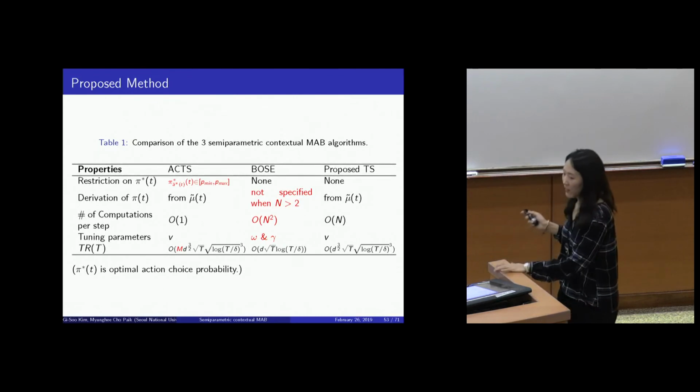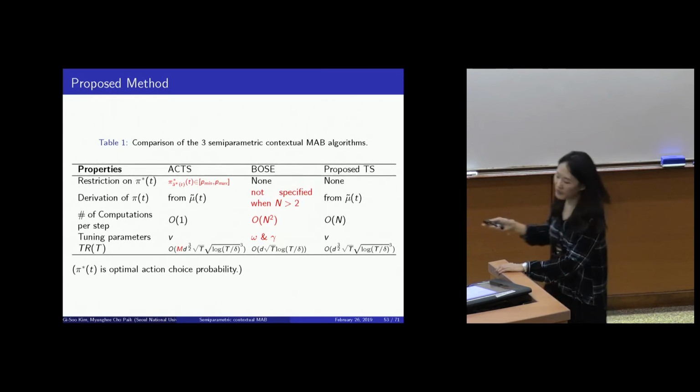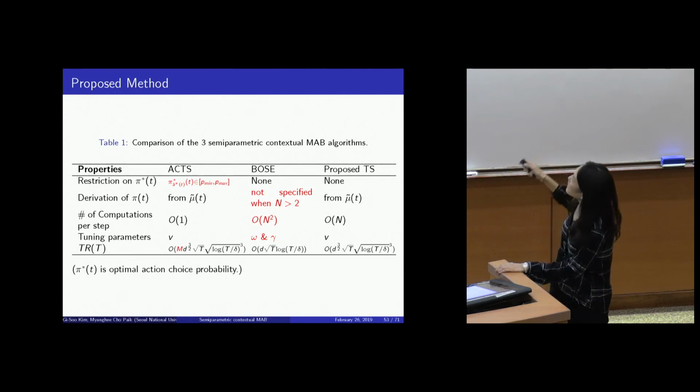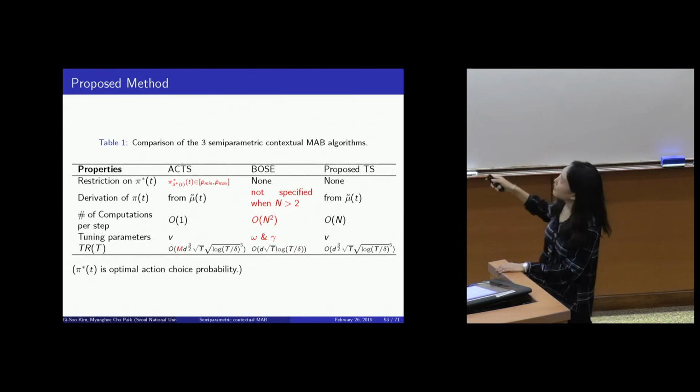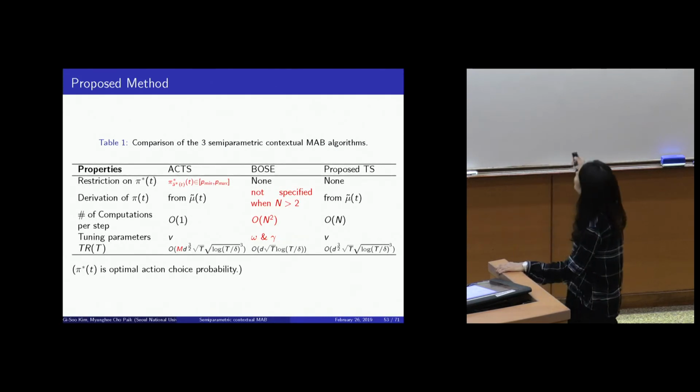And I would like to emphasize that our algorithm does not restrict policies from converging to deterministic policies. And the derivation of the action selection distribution is straightforward from mu tilde. Also, the number of computations per time is moderate and only requires one tuning parameter. And the regret bound does not involve a big constant like m.